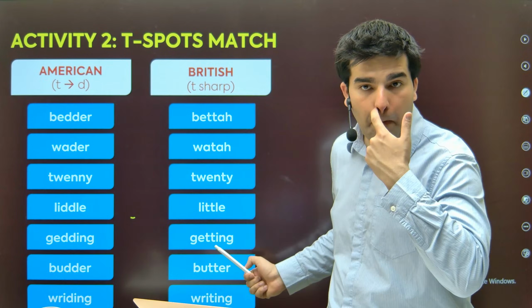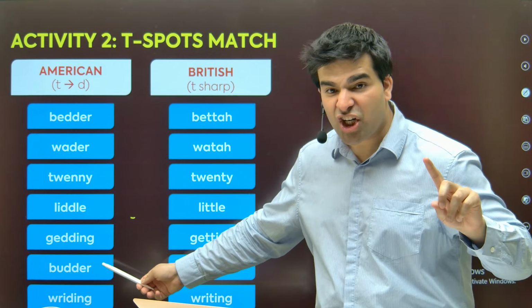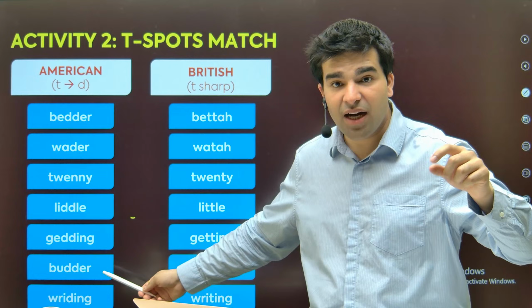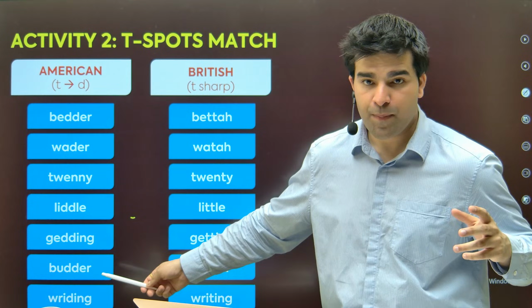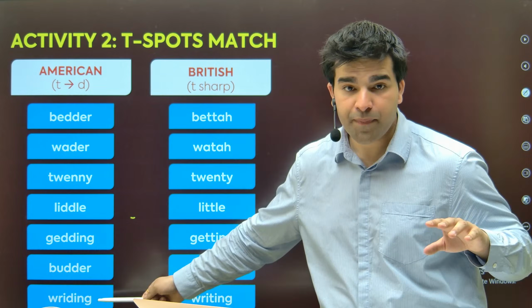Butter. The d and the r both are happening at the same time. Butter. The t is crisp and the r sound is dropped. Writing, riding. Writing.